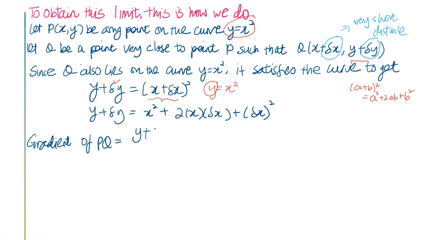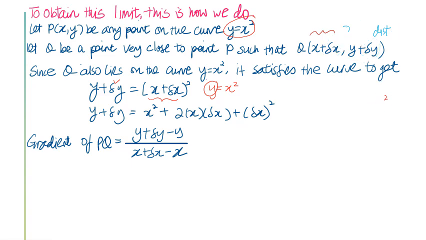All right. So the gradient of PQ, recall how we find the gradient of PQ: y2 minus y1, which is y plus delta y minus y, and then x2 minus x1. Okay, wait, very confusing. Let me erase all this.